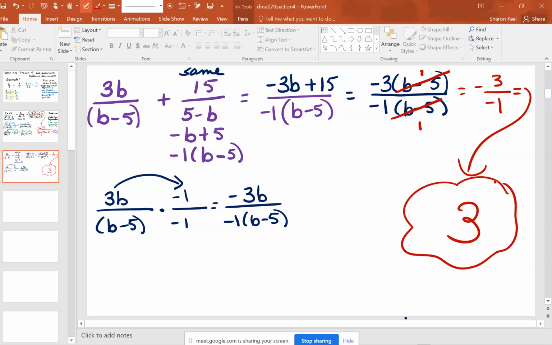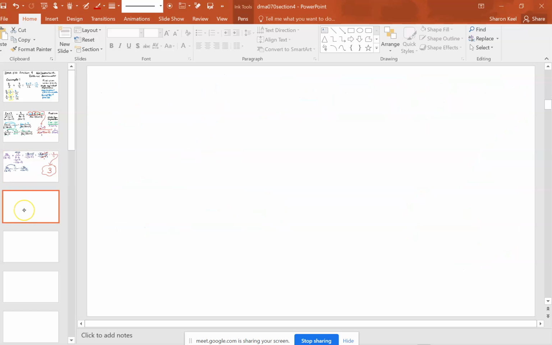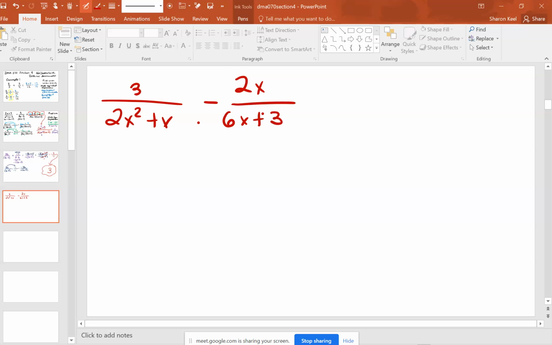Okay, let's try one more. Let's say we have 3 over 2x squared plus x minus 2x over 6x plus 3. Okay, for this one, we should have to go through all of the steps. Factor this denominator, we factor out an x, and that leaves me with 2x plus 1.